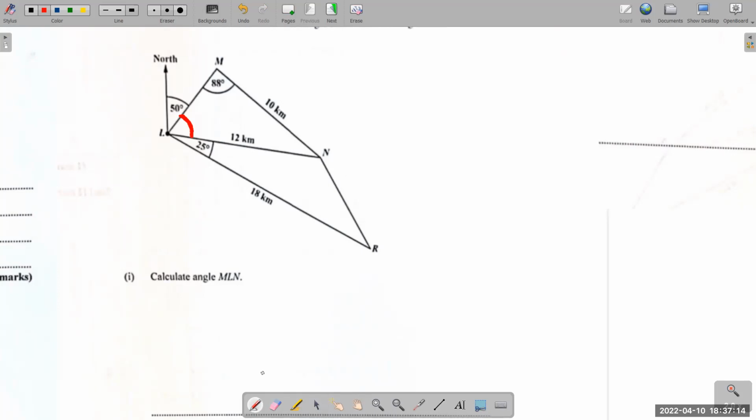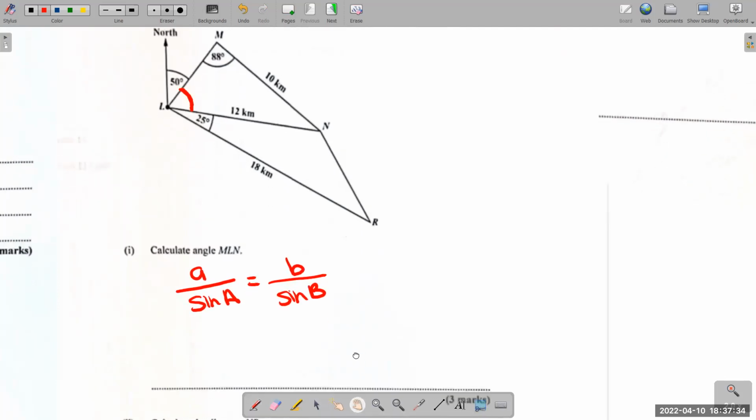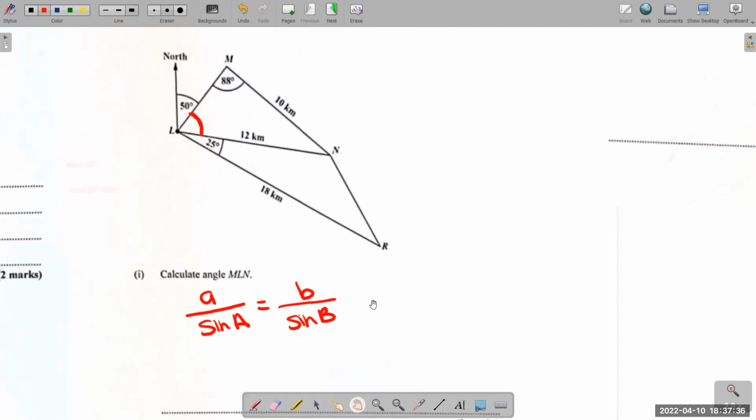Okay? And you know the difference between the two. So, we know the sine rule. Luckily for you, if you don't remember it, it's on your formula sheet. It's a, which represents a side, over sine A, which represents the angle, equals b, which is side b, over sine B. Which one do we always try to start off with, from the two sides that we have?